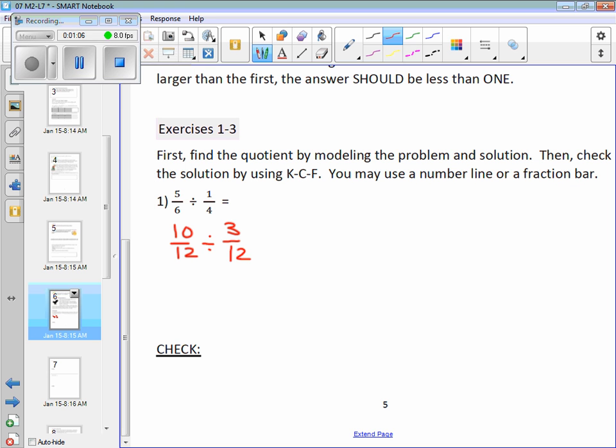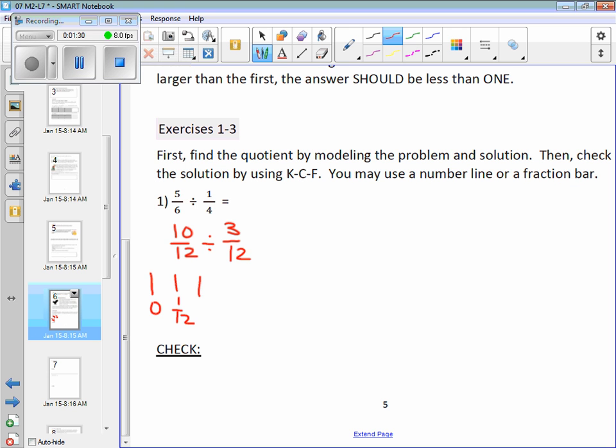Number line, starting with 0. I'm going to need at least 10/12. I'm actually going to need, as you'll see, 12 out of 12. So I'm going to count. Here's my 0, 1/12. And at this point you don't have to put the denominator. You can count just numerators since they're all in 12.